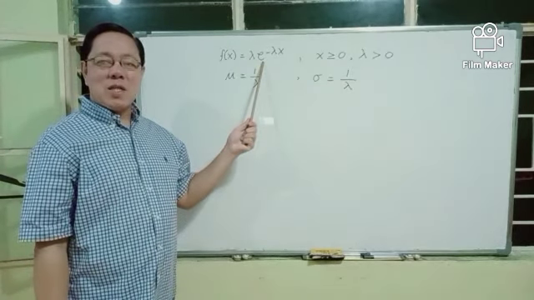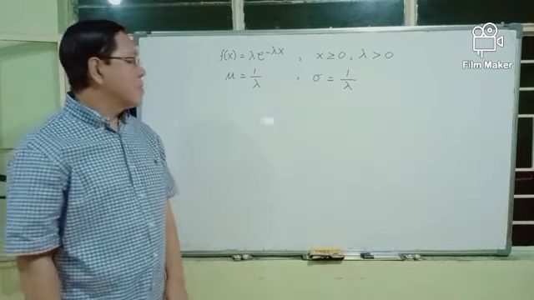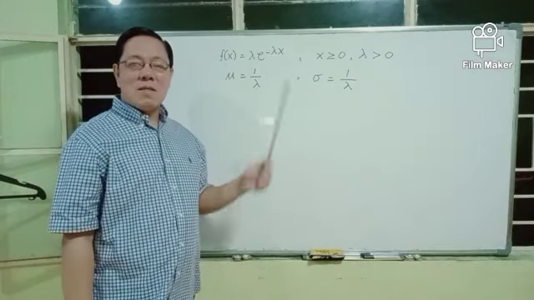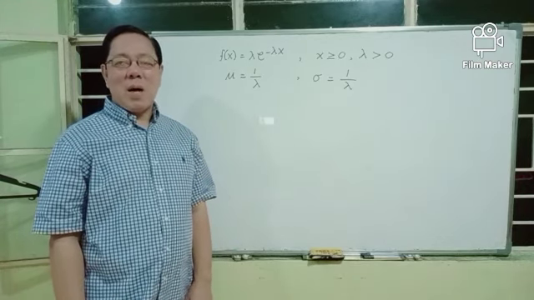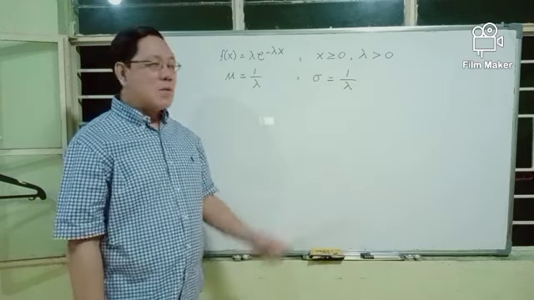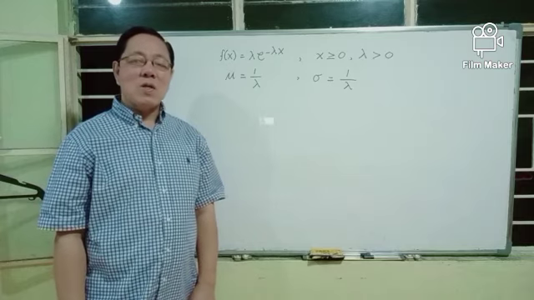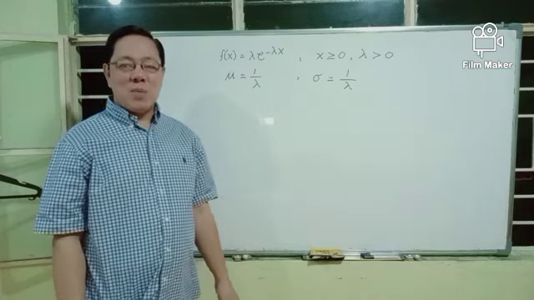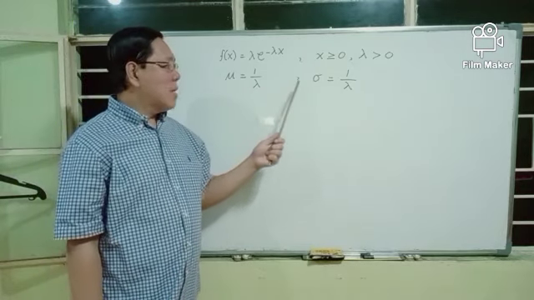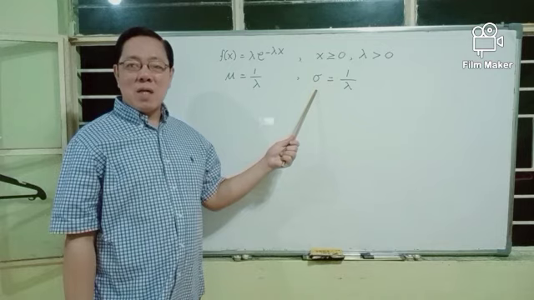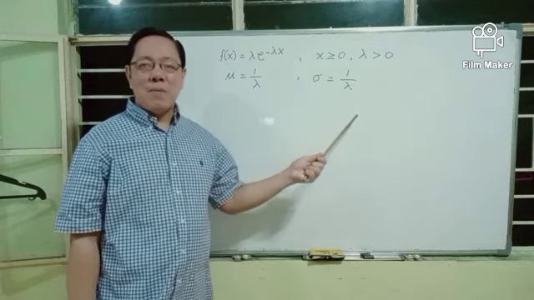This function, e to the minus lambda x, is the exponential function, where the base is the irrational number e and the exponent is negative lambda x, where x is greater than or equal to 0 and lambda is greater than 0. The mean of the continuous random variable for the exponential probability distribution, denoted by mu, is 1 over lambda, and the standard deviation, denoted by sigma, is also given by 1 over lambda.